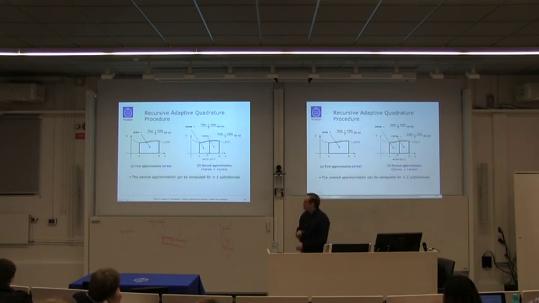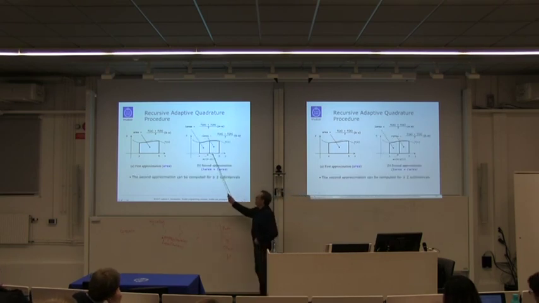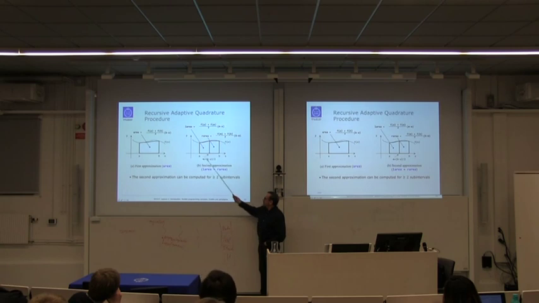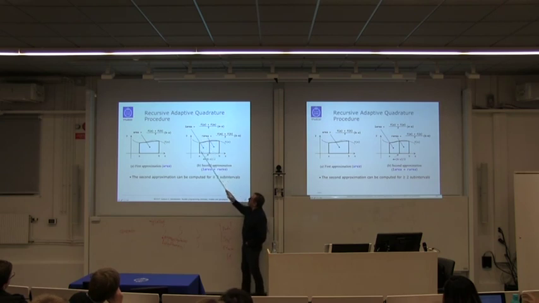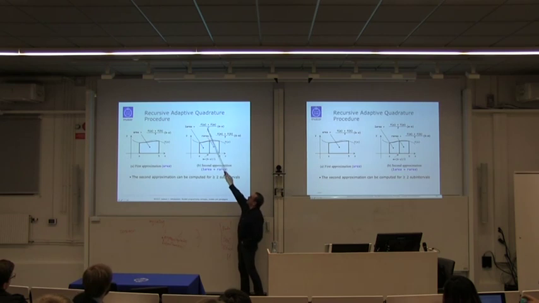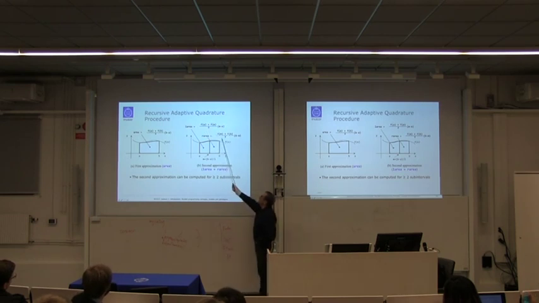Now, let's split A to B into 2 equal subintervals, with intermediate point M, the midpoint. We compute L, the left-hand side area, from A to M, and R, the right-hand side area, from M to B. Then we sum them up together.